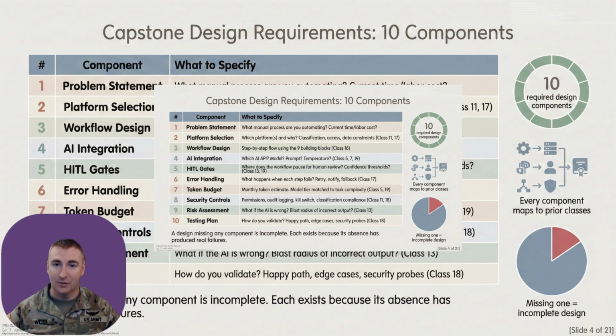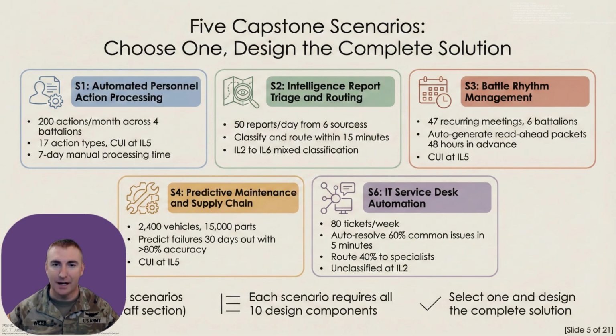Now pick your scenario. Pick 1. Design the complete solution. Scenario A. S1, automating 200 personnel actions per month across 4 battalions. Scenario B. S2, triaging 50 intelligence reports per day across classification levels ranging from IL2 to IL6. Scenario C. S3, auto-generating read-ahead packets for 47 recurring meetings.